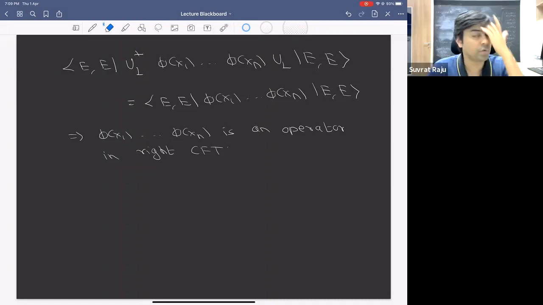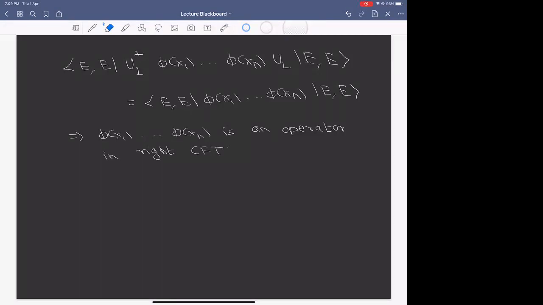There is always an ambiguity in local operators in gravity, about how you dress the operator. Right now I said to the right CFT, but in principle that itself does not fix the ambiguity. You have to decide how exactly you dress it to the right CFT. Do you dress it with light-like geodesics or space-like geodesics? Or do you do a gauge fixing or something else?